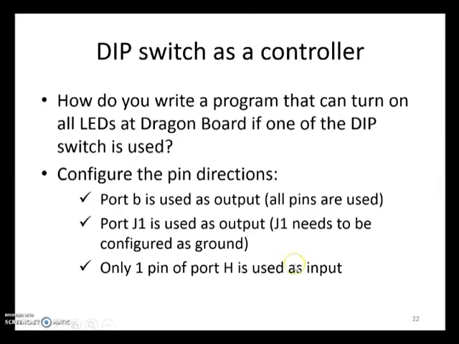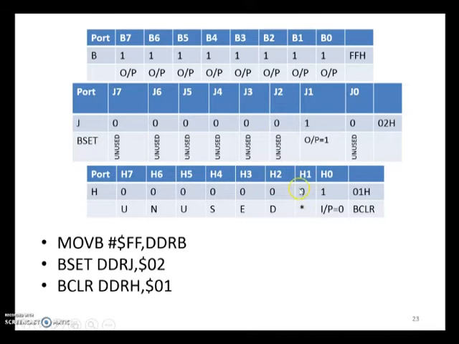Okay, so what we have to do first is configure the pin direction. For the LEDs, we will use port B and port J1. All of port B is used, only J1 is used for ground, and only one pin of port H will be used.